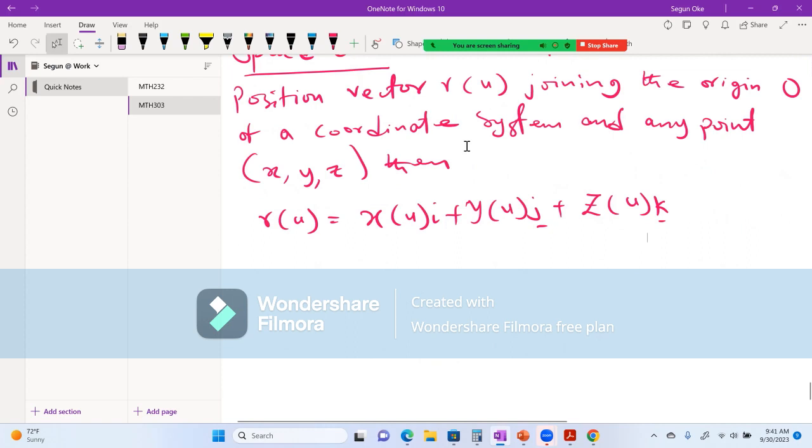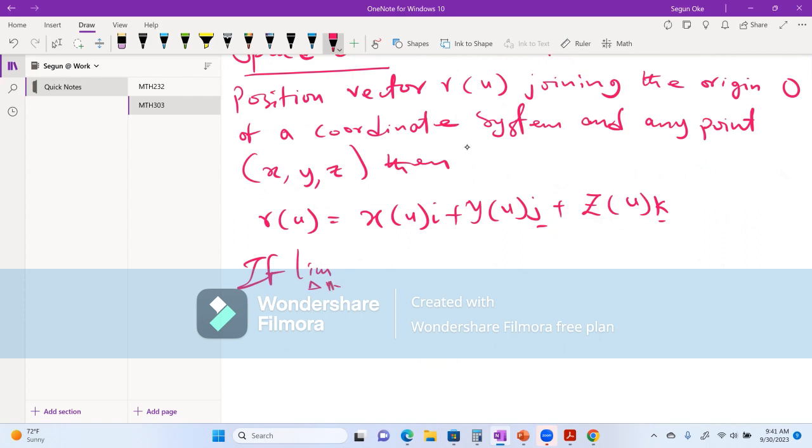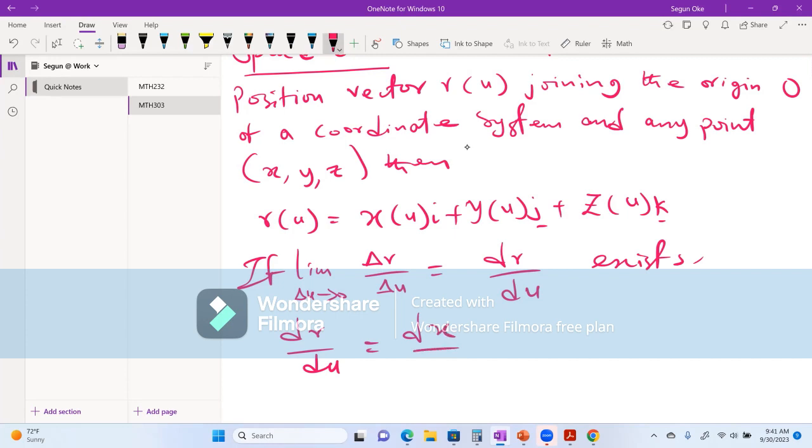So in this case we have this, but remember, if our limit holds, that is, if the change in R over the change in u, dR/du, exists, then dR/du equals, differentiating each variable, dx/du i plus dy/du j plus dz/du k.